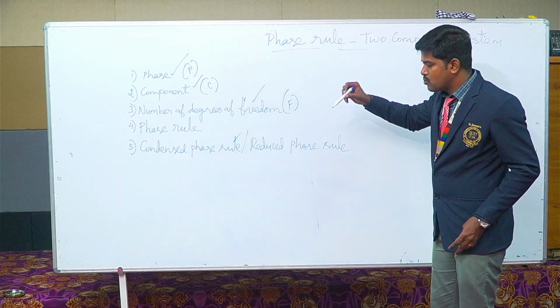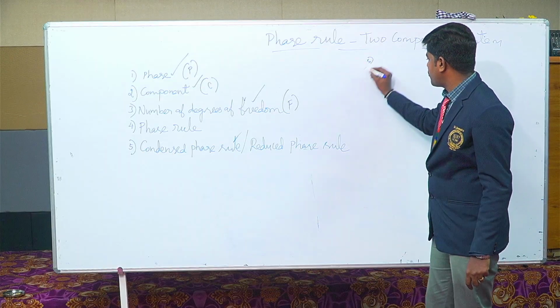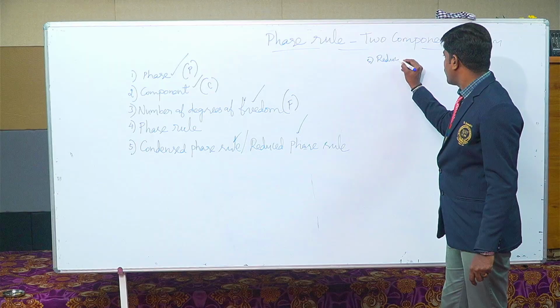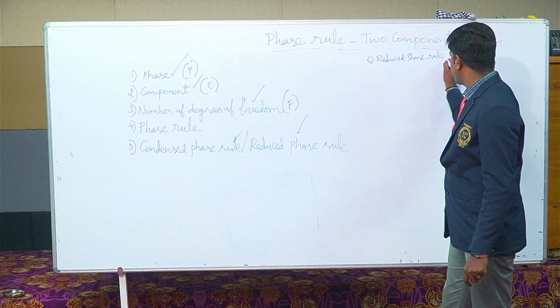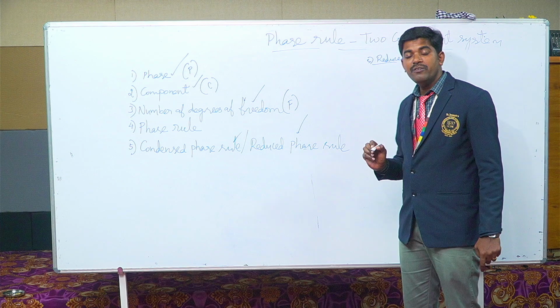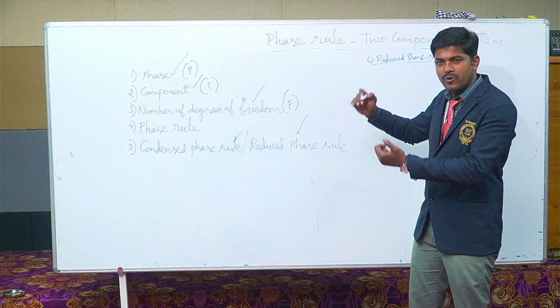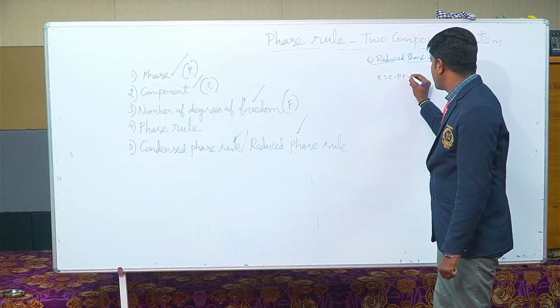What is the phase rule? Let me just recall the phase rule. Now I am going to explain number 5, the reduced phase rule. It comes from the phase rule itself: F equals C minus P plus 2.